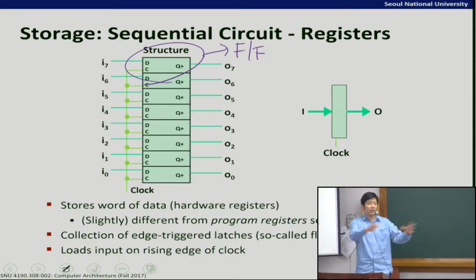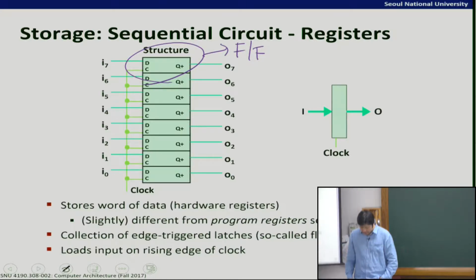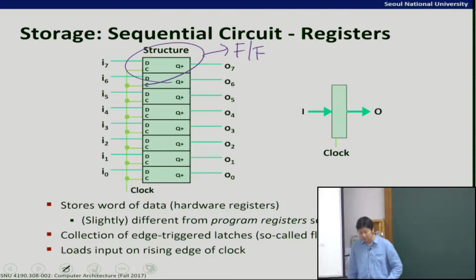and if you put them together and share the same clock signal and same control signal, that's called a register. You can put some number of bits together in a single register, maybe 64, maybe 32. What I mean by register here is slightly different from a program register, because last time we talked about program registers such as RAX, RBX, RSI, all these things, right?